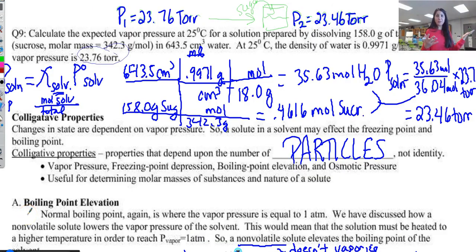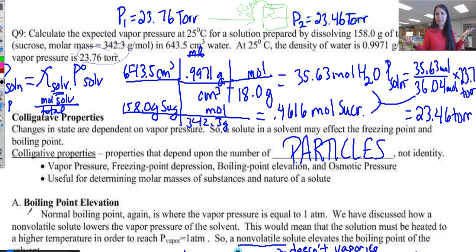So let me show you mathematically what this looks like, okay? So we've got this problem here, and it says to calculate what the expected vapor pressure is, which means the pressure of the gas above the liquid, okay? And it says it's at 25 degrees Celsius, and all it has is they're going to add 158 grams of table sugar, sucrose, to this 643.5 milliliters or centimeters cubed of water.